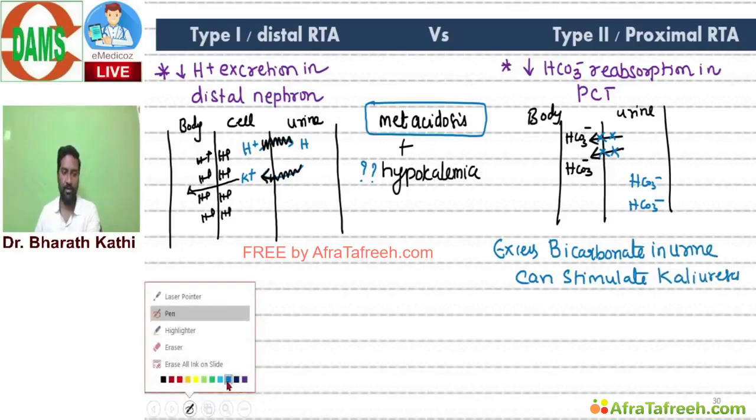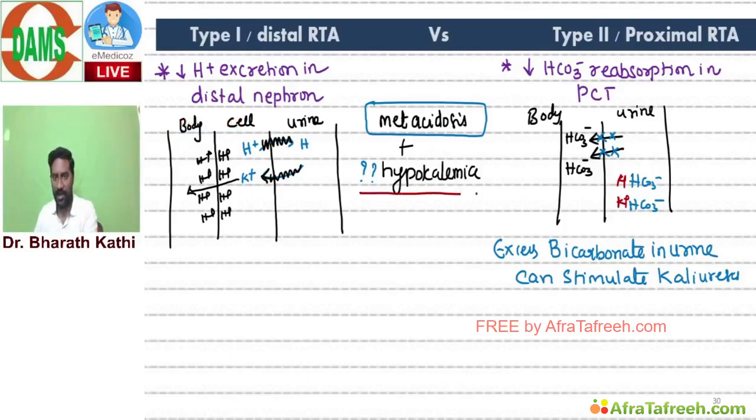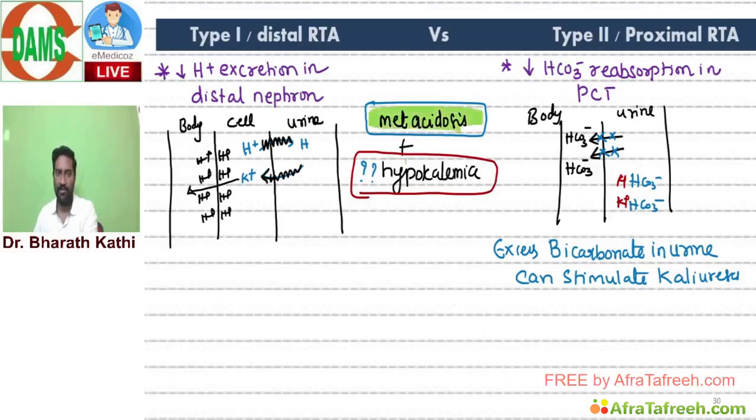It will not go single. It can mingle with a positive ion, K plus. It will take K plus along with it, because K plus and bicarbonate both are going. Loss of bicarbonate, metabolic acidosis. Loss of K plus, hypokalemia. These are the causes of metabolic acidosis and hypokalemia in type 1 and type 2 RTA.